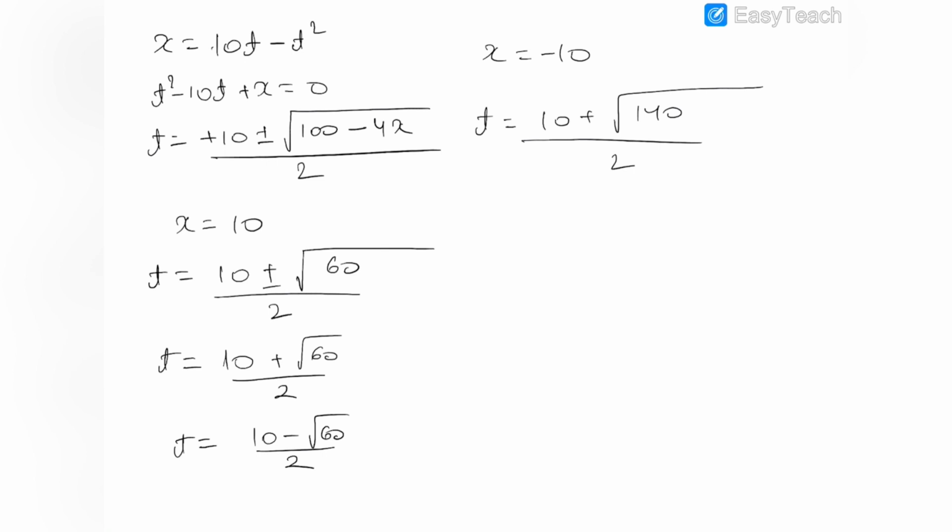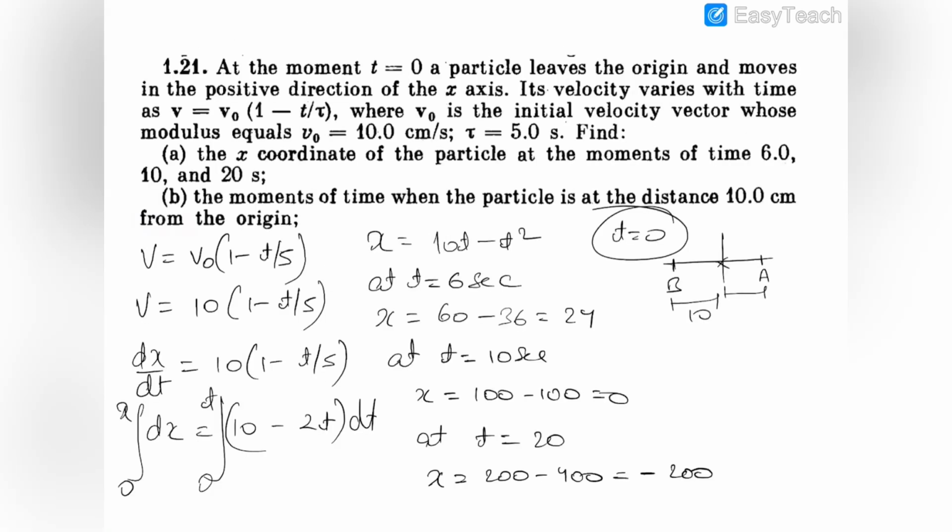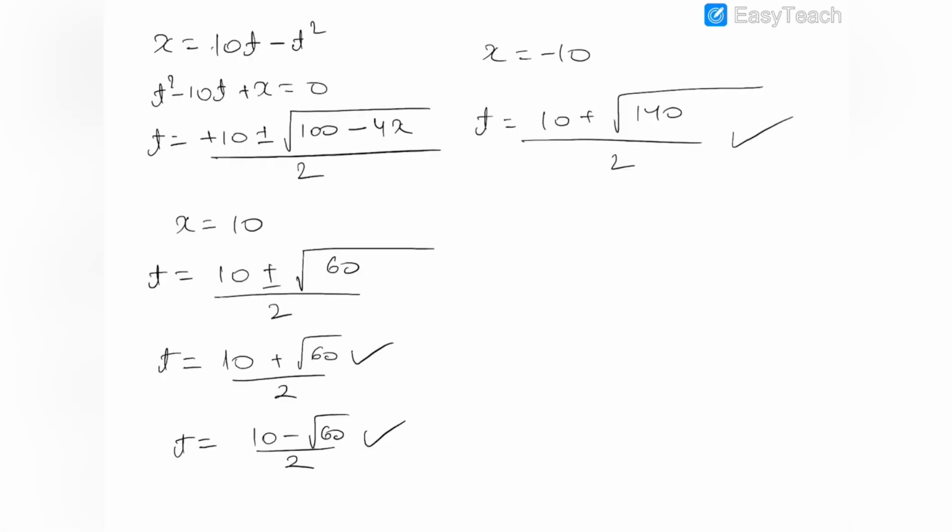So these are the 3 times at which the particle is at a distance of 10 centimeter from the origin. Now you can also cross check these times by putting these values in this equation. Okay, so this was the question. Now let's move on to the next problem.